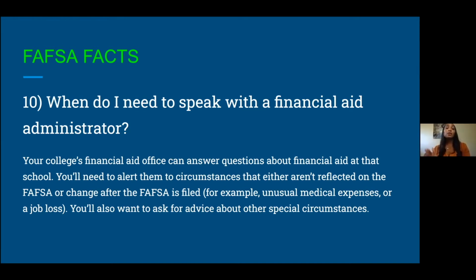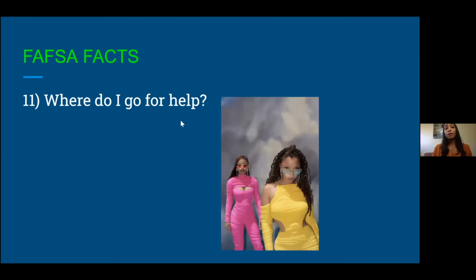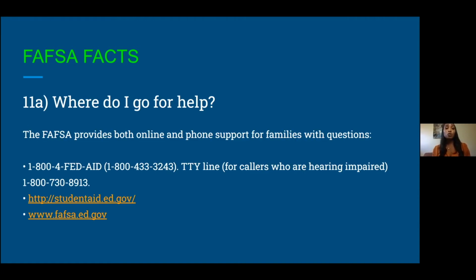You need to call your college's financial aid office and tell them about the situation so they're able to adjust your FAFSA application accordingly. Or if there are any other special circumstances they may need to know. Very important. Make sure you establish a relationship with your financial aid office. You can also go to FAFSA for help.